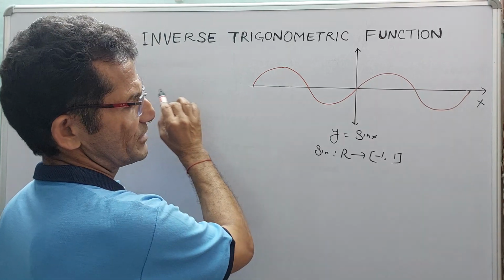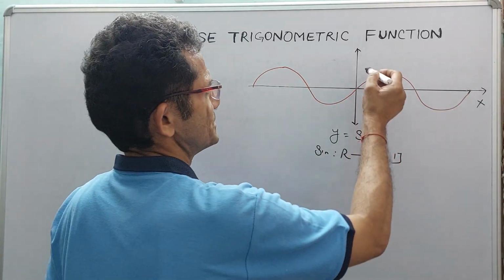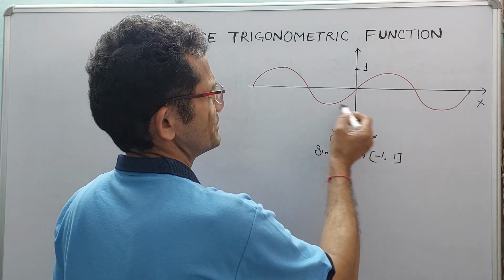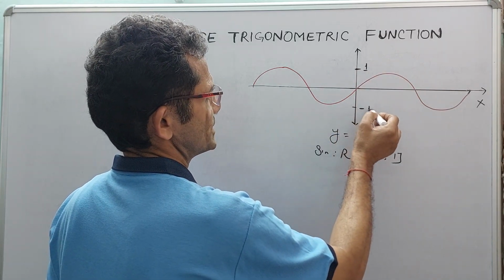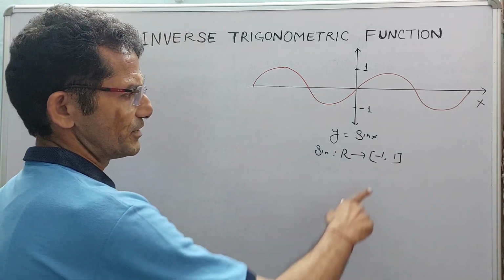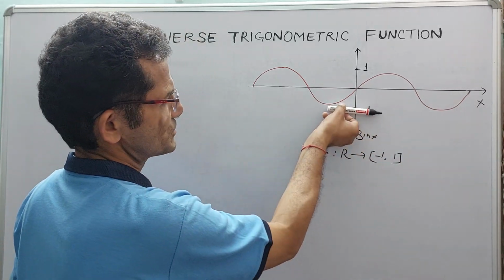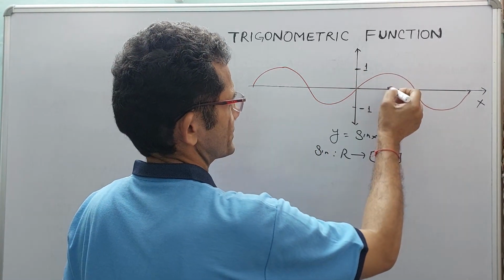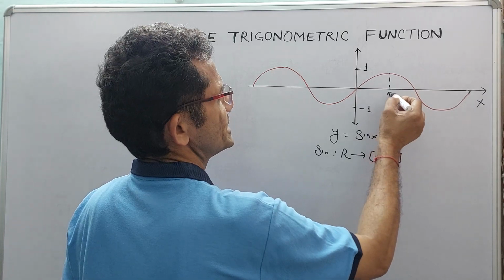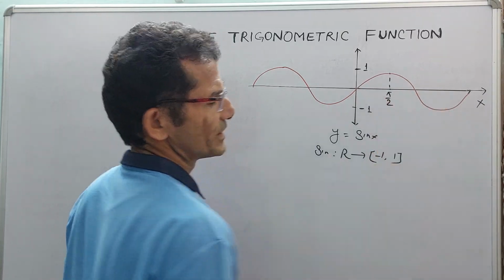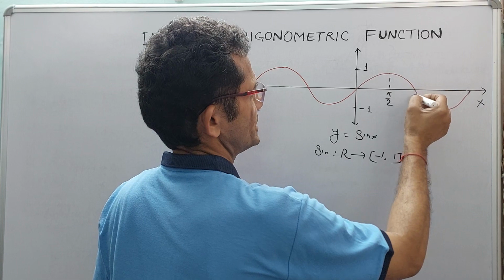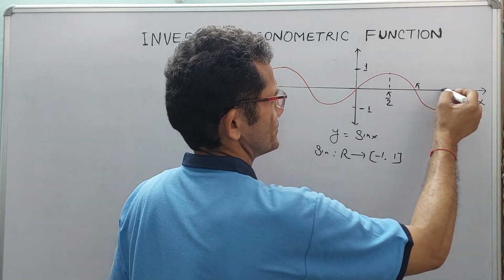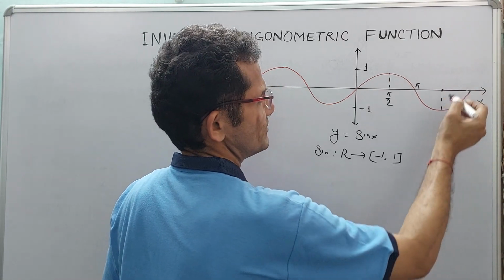It goes from minus infinity to plus infinity, and the maximum value it has is plus 1, and the minimum value is minus 1. That's why its range will be from minus 1 to 1. We know that at pi by 2, that is 90 degrees, sine is plus 1, at pi it has the value 0, and at pi plus pi by 2, that is 3 pi by 2, it has the value minus 1.